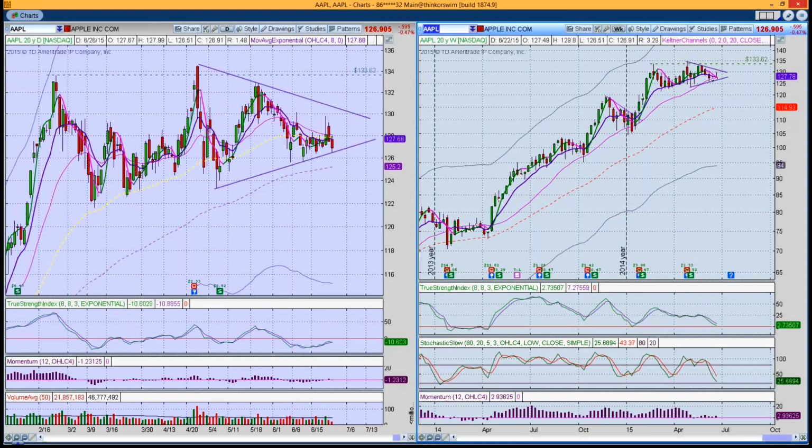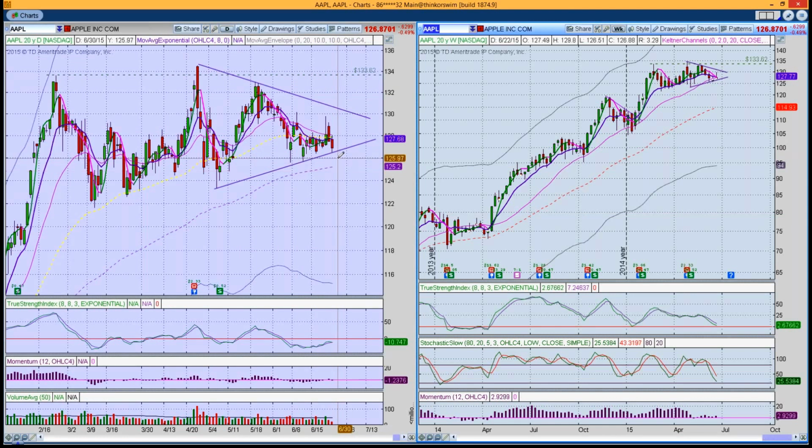Sorry, what's the question? If it holds the 125 line, what? Would I get into it? Now, as you can see, I have drawn in this triangle that Apple is working within. Right now it has closed and it's kind of having a challenging time getting back above the 50-day moving average.